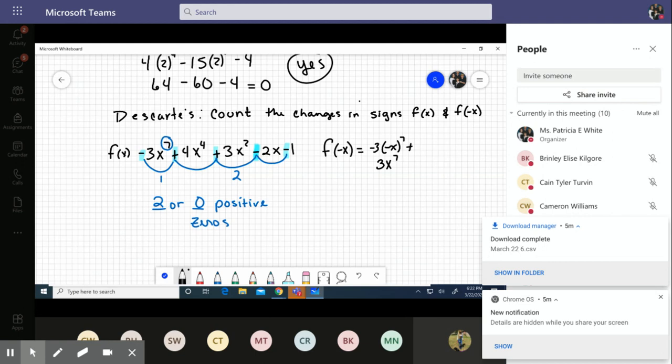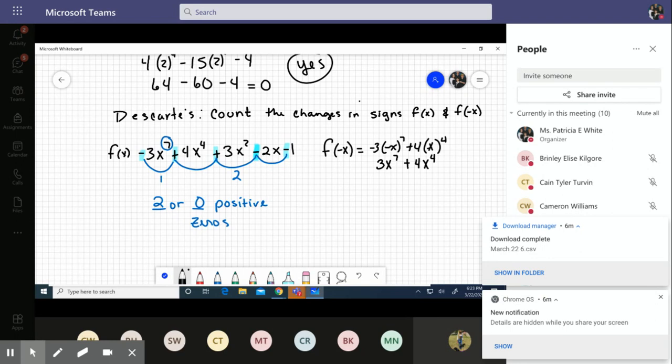Then I have plus 4 times negative x to the 4th power. Anything going to change? No. So I have, because that changes to positive, so now I have plus 4x to the 4th.